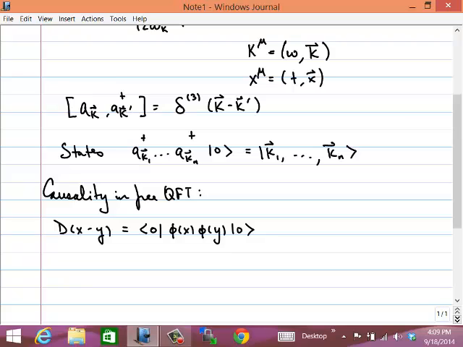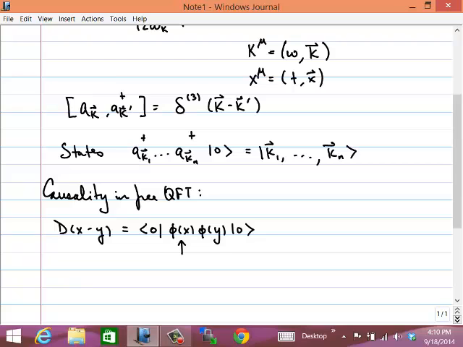Remember that phi is the observable that both creates and destroys particles. And so if you take phi of y and act on the vacuum state, that'll create a particle at point y. And then you could project onto the corresponding ket with phi of x acting on the vacuum from the right, that would be a state where a particle has been produced at point x.